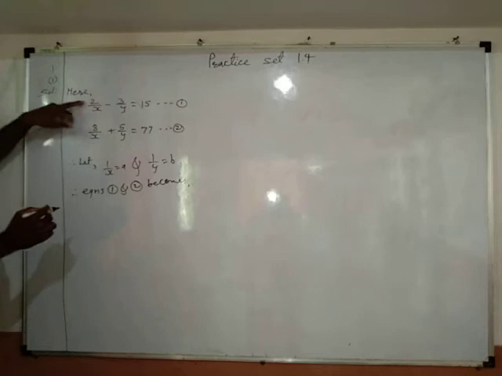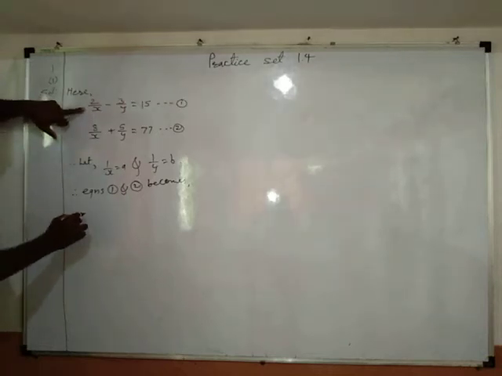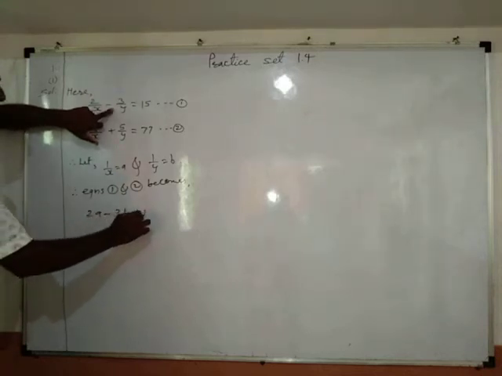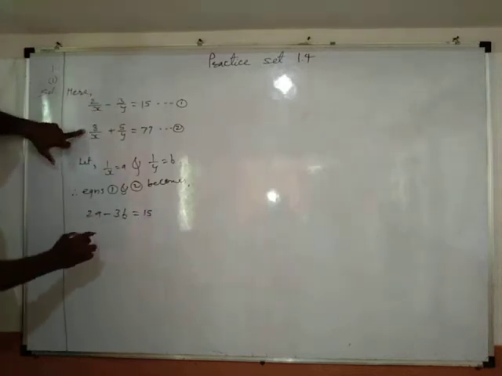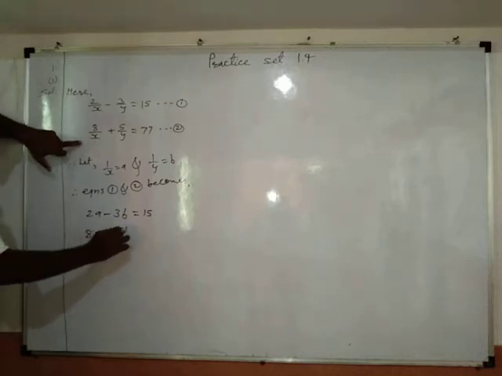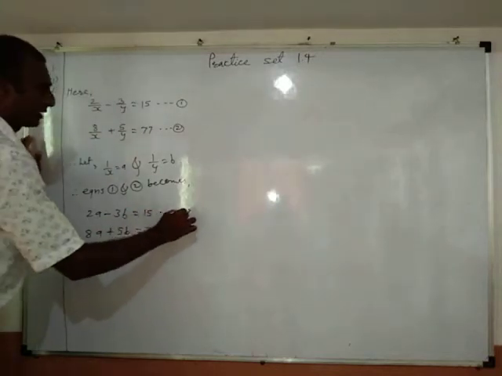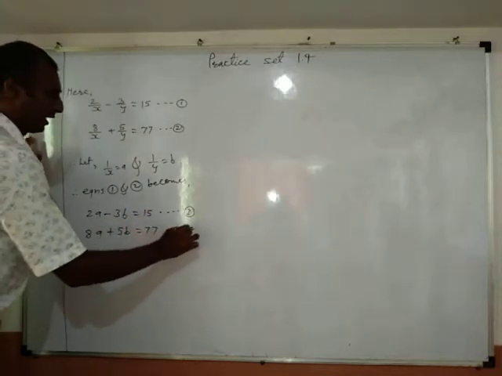2 upon x means 2 into 1 upon x, and therefore it will be 2a. Similarly, it will be minus 3b equal to 15. 8a plus 5b equals 77. Let's call these equation 3 and equation 4.